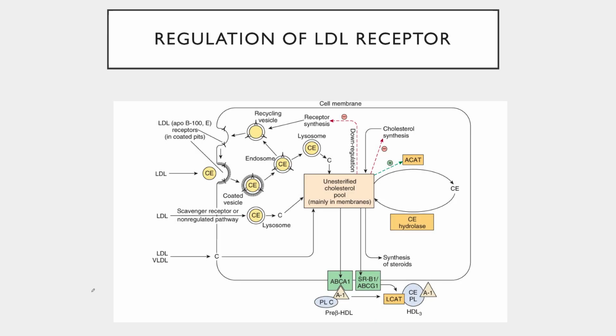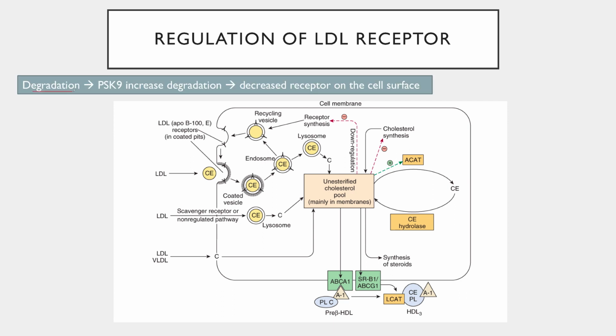So the LDL receptor itself can be regulated in two primary manners. The first being degradation. The uptake of LDL by these endocytic vesicles allows for recycling of the receptors, shown here, back to the cell surface.